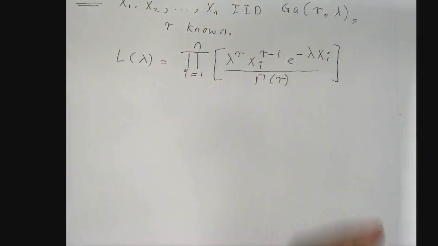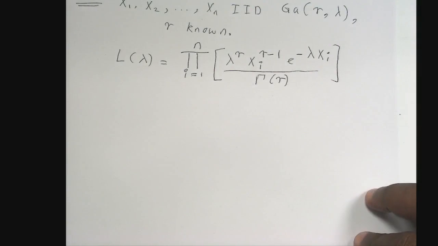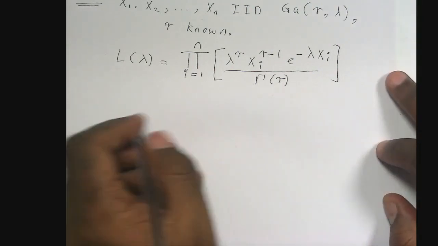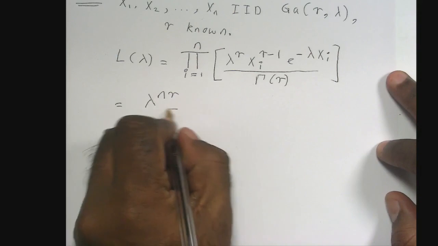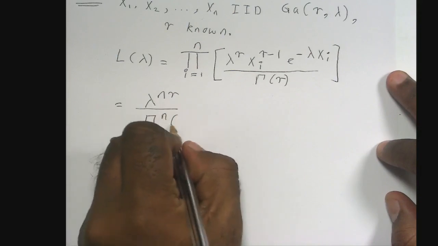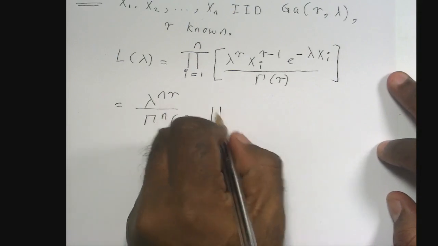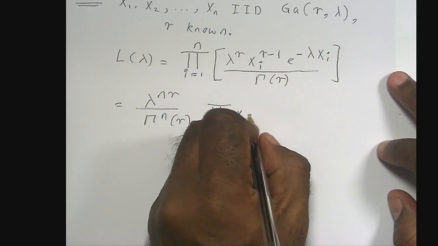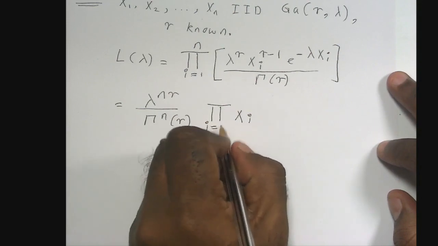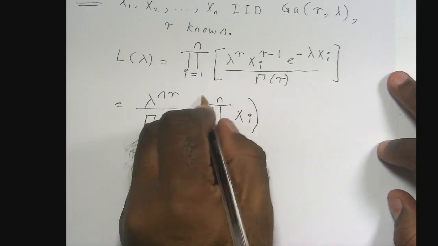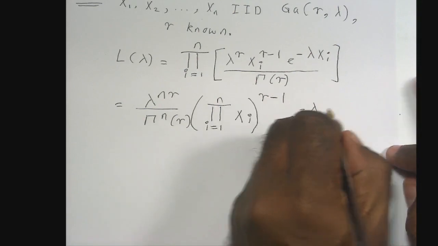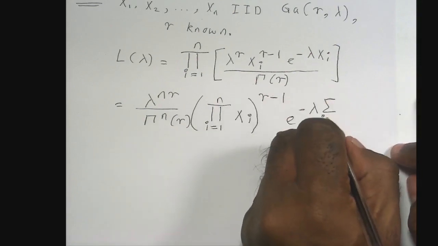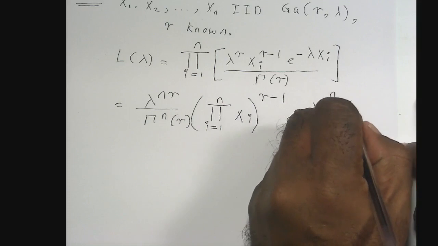This is the likelihood function, and take the product, guys. This is what you get.